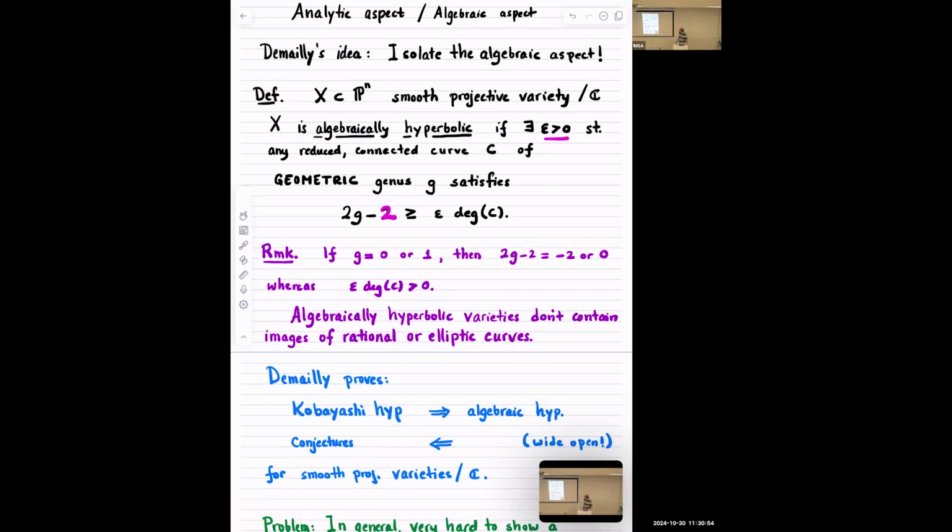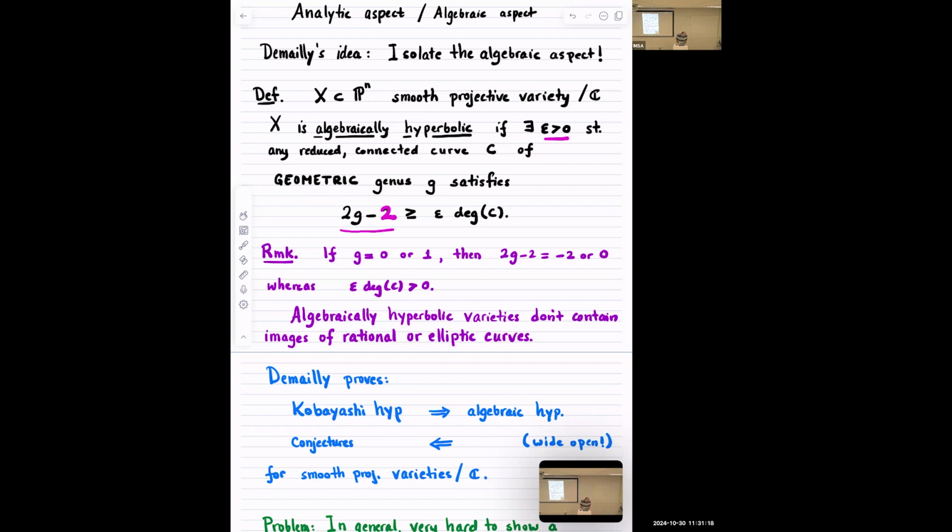In particular, if I have an algebraically hyperbolic manifold, then there can't be any rational or elliptic curves on this manifold, because if the genus is 0, then the 2g minus 2 becomes minus 2, and the degree of a curve is always positive in projective space. So what's this side?